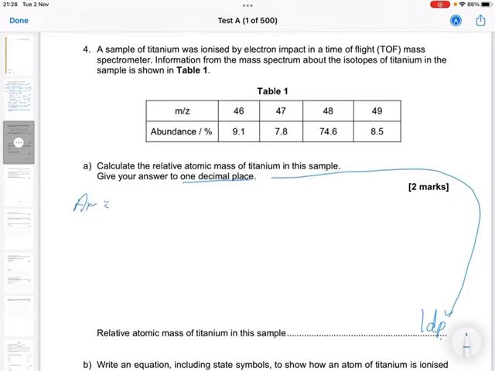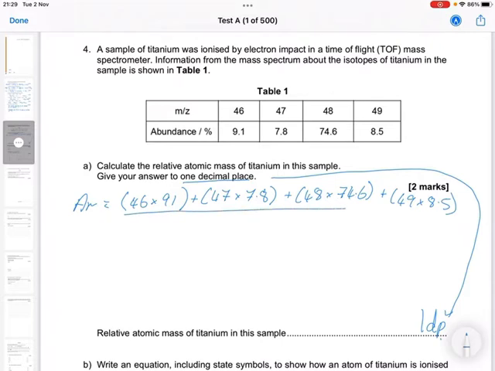Remember, it's just a formula, really, of the m/z value multiplied by its abundance. So there's your formula there, divided by the total abundance, and because this is percentages, that's going to be 100.